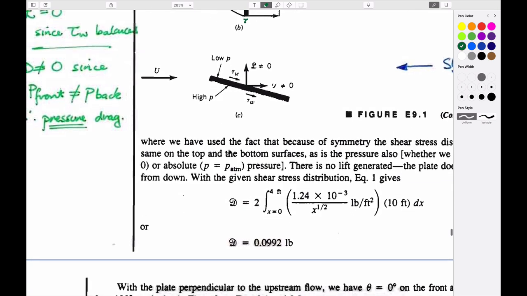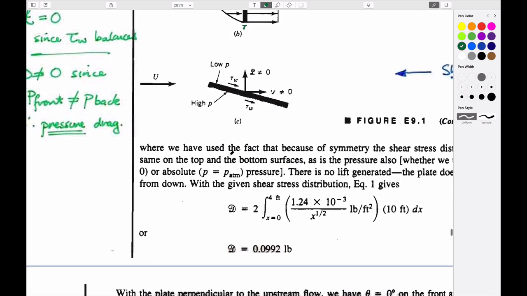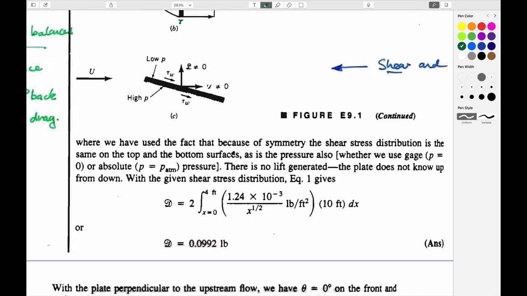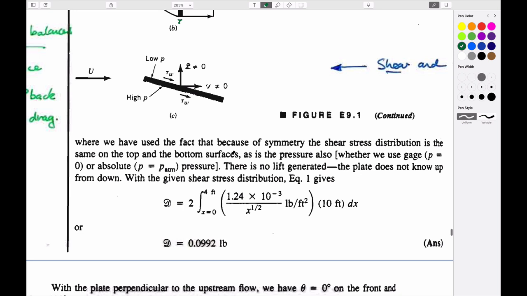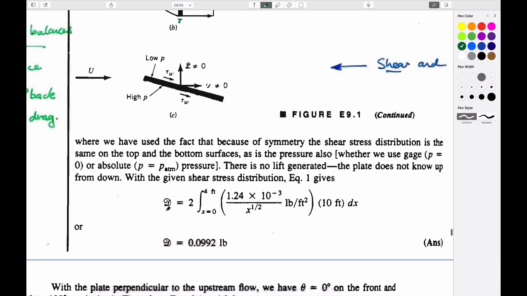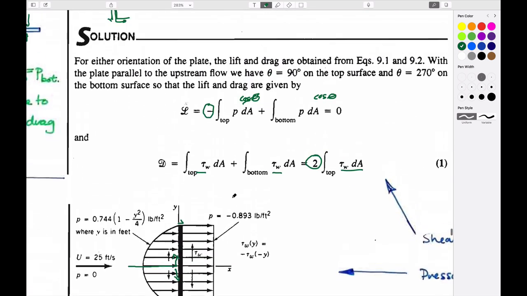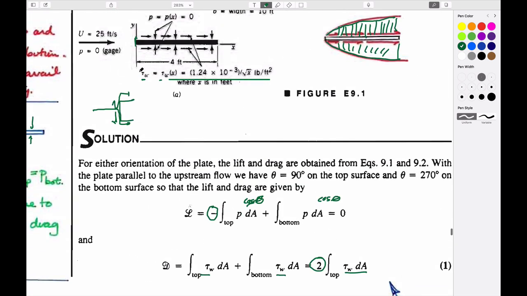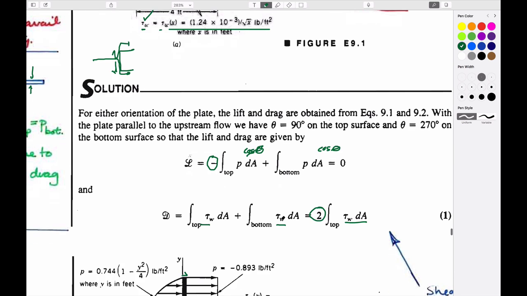And so if you look at the magnitudes of these pressures, this is the calculation for the shear stress distribution, which is this magnitude here, substituted into here, which is the same as this evaluation here.